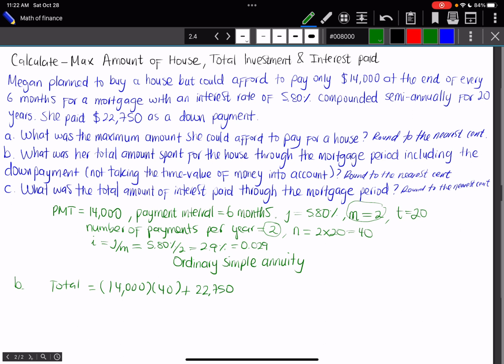If we forget about the time value of money, then the total amount is 14,000 times 40, where 40 is n, the total number of payments during the term of the annuity, plus a down payment. And when we compute the addition, we find the number $582,750.